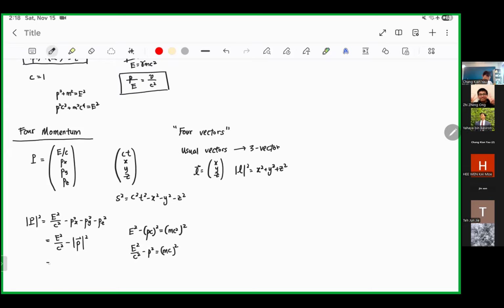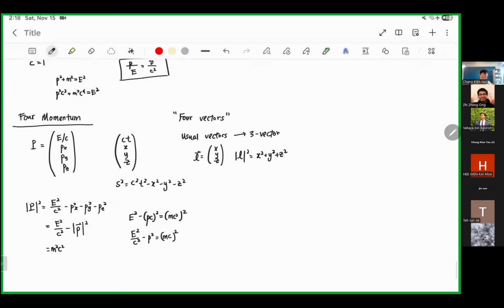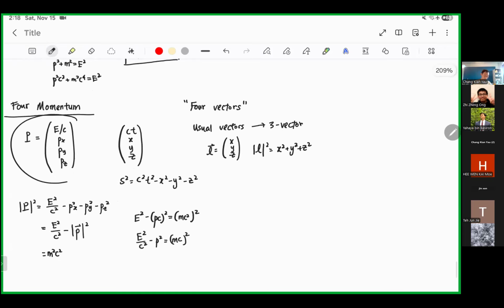So technically this is just M squared C squared. Four momentum is useful because its norm squared is just the rest mass times some speed of light to make the units correct, but that's the gist of it.